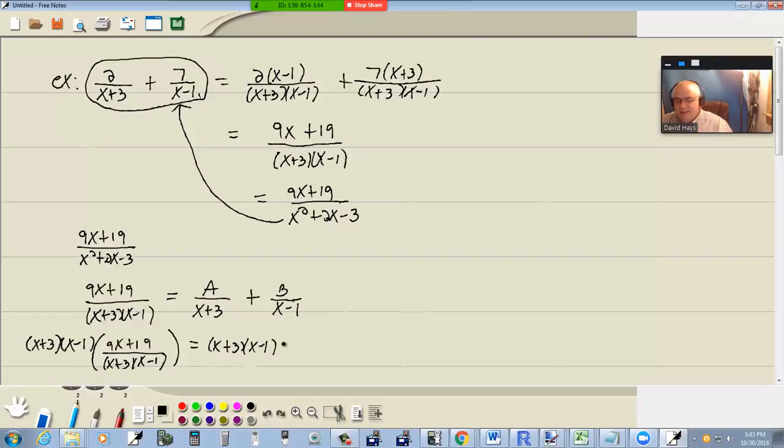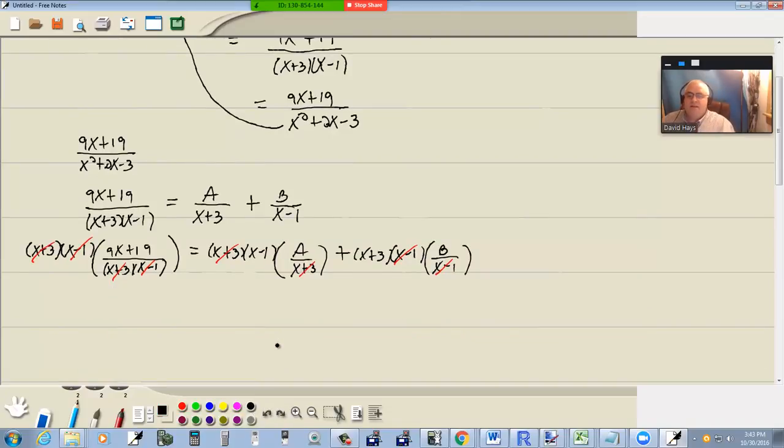Now when we multiply the right side by that, we multiply each individual fraction. When we do that, these x plus 3's cancel, these x minus 1's cancel, these x plus 3's cancel, and these x minus 1's cancel.